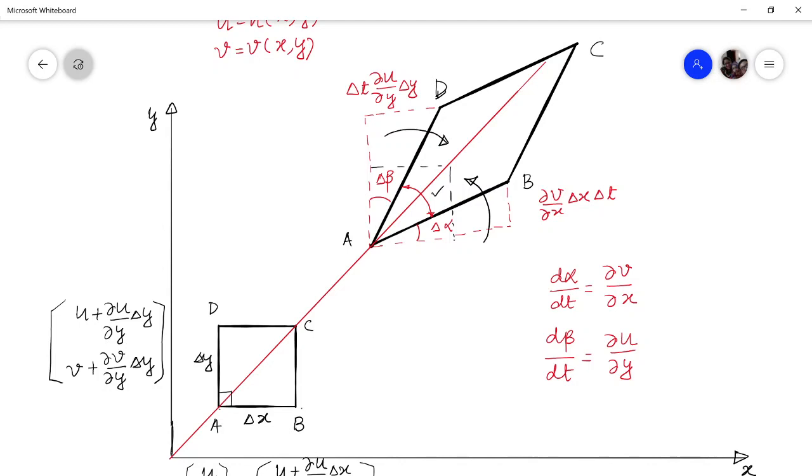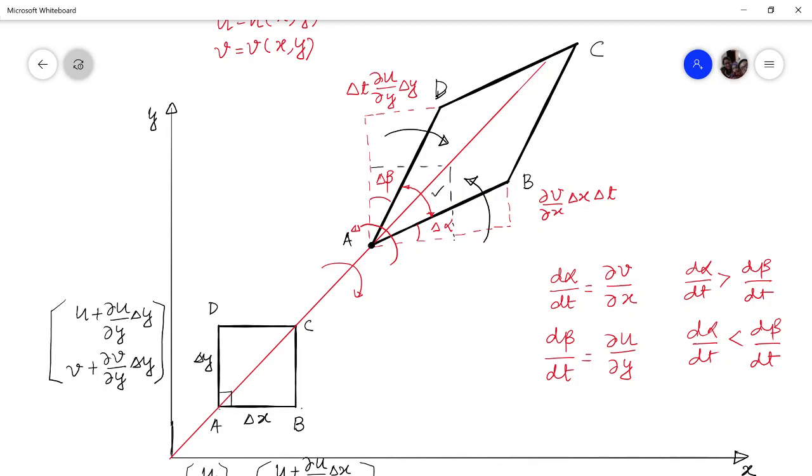If these two differ, then this fluid element is not only getting stretched, it is also getting a net rotation about point A, counterclockwise if the angular velocity d alpha by dt is more than d beta by dt, and clockwise if d alpha by dt is less than d beta by dt. So there is a sense of rotation at point A when this is happening.